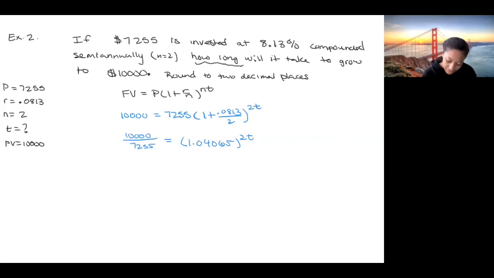All right, let's see. From here, our exponential term is isolated. So we'll take the natural log, ln, of 10,000 divided by 7,255. That's going to be equal to ln of 1.04065 to the 2t power. Bringing down our exponent.